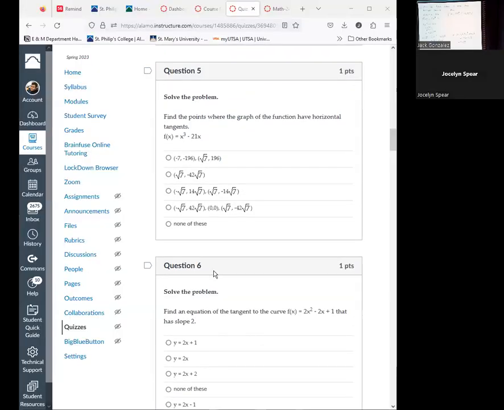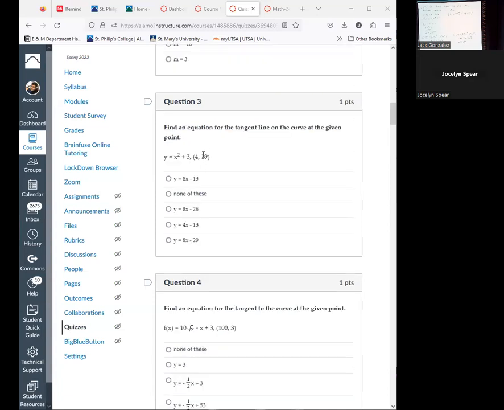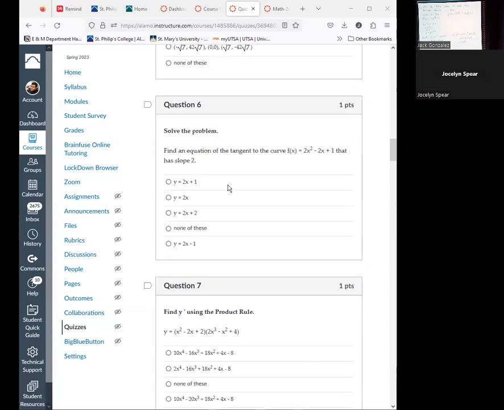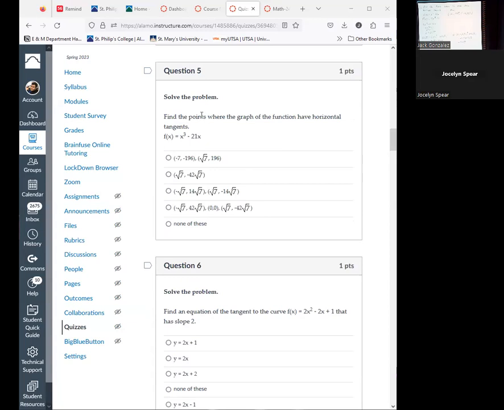Six is very similar to 3. See how they gave us a point on number 3? Yes. On number 6, they just tell you the slope is 2. So basically they're telling you to set the derivative equal to 2 instead of 0.